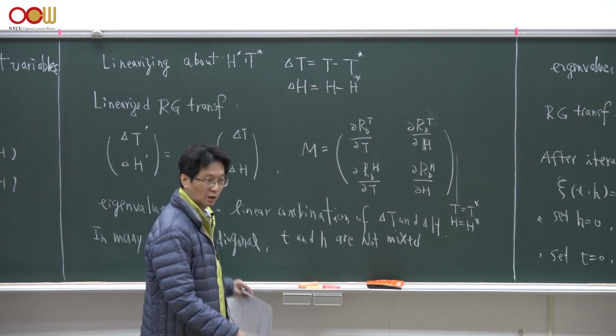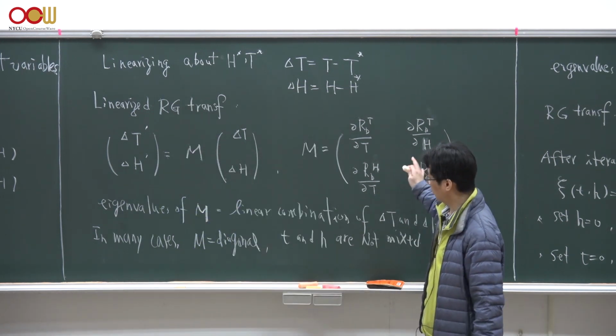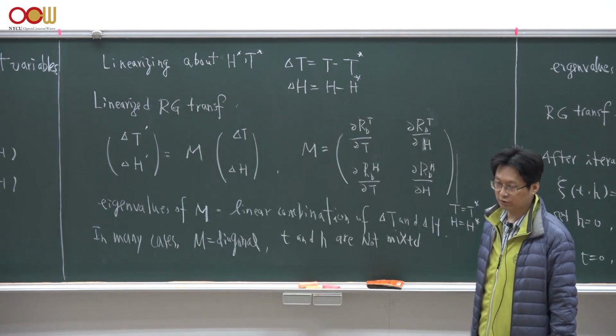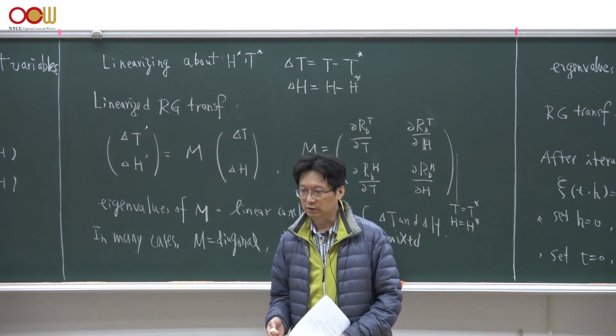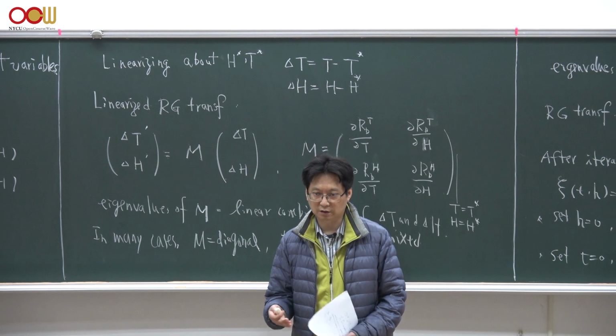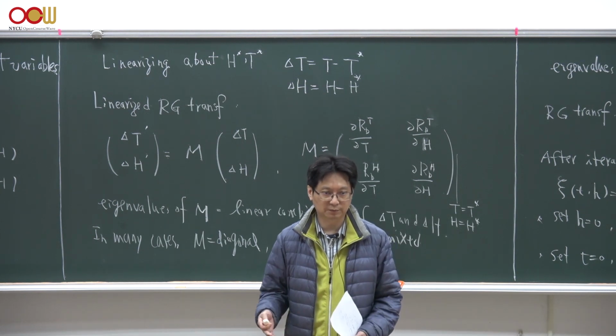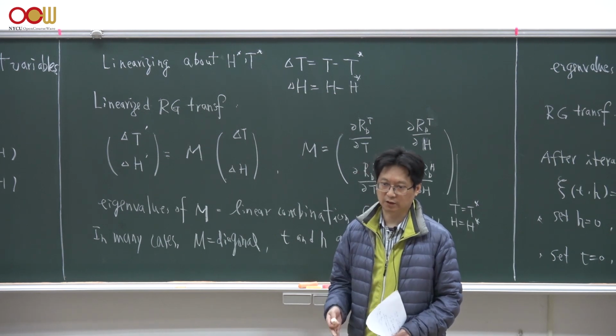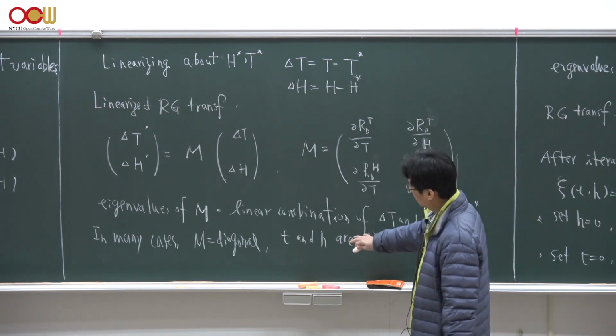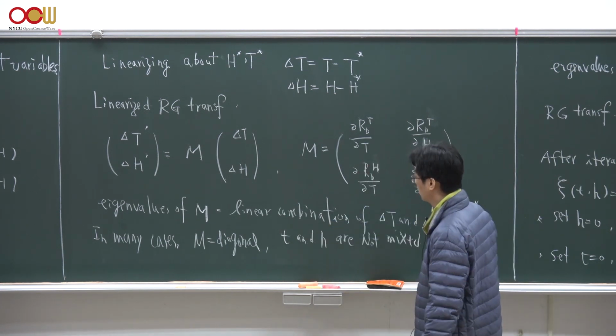But in most cases, t represents temperature and h the field, and they don't mix, because temperature and field are regarded as independent parameters or variables. In other cases, they may mix up. But let's start from the simpler case where they don't mix up.